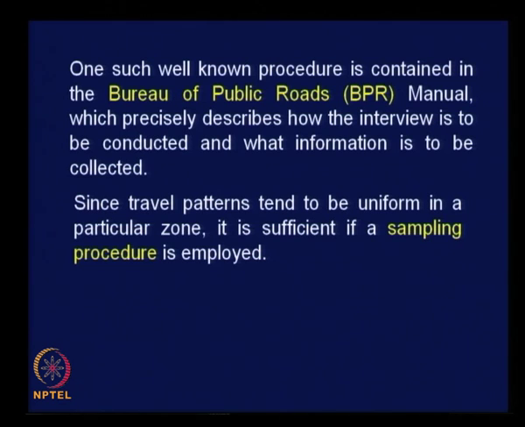This implies that if there are 1000 households in a traffic zone, you are not going to collect information from all the households. You are going to have a sample. Certain percentage of the households only will be covered for home interview survey. The reason is this: travel patterns tend to be uniform in a particular zone.